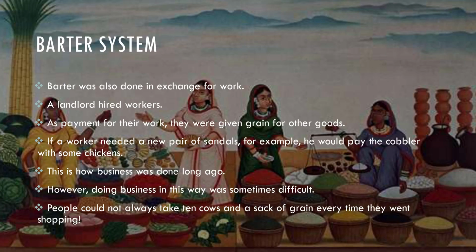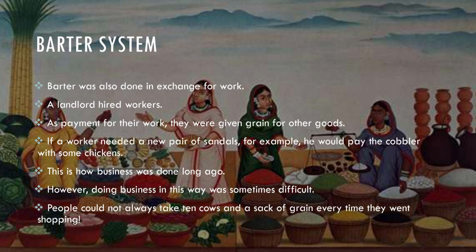Barter system. Barter was also done in exchange for work. A landlord hired workers. As payment for their work, they were given grains. If a worker needed a new pair of sandals, for example, he would pay the cobbler with some chickens.